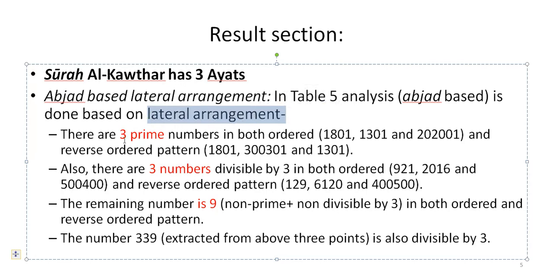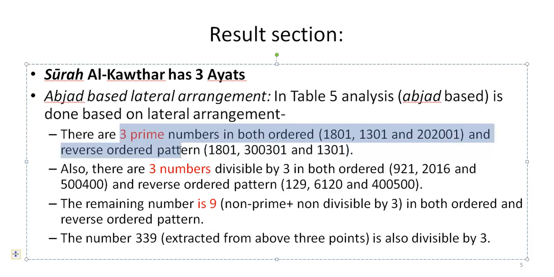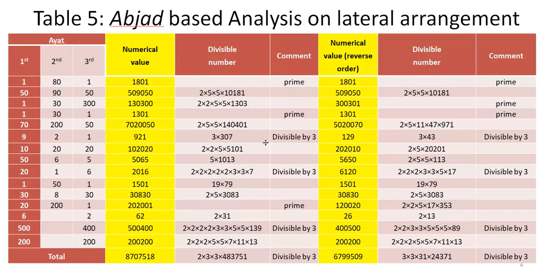So here we see that there are 3 prime numbers in both ordered and reverse ordered pattern. That means these are the 3 numbers in ordered: this is a prime number, this is another prime number, this is another prime number. So 3 prime numbers in ordered pattern, and also 3 prime numbers in reverse ordered pattern.